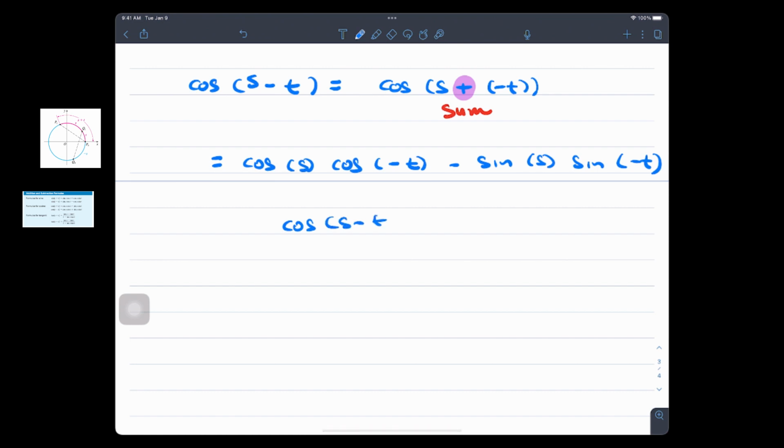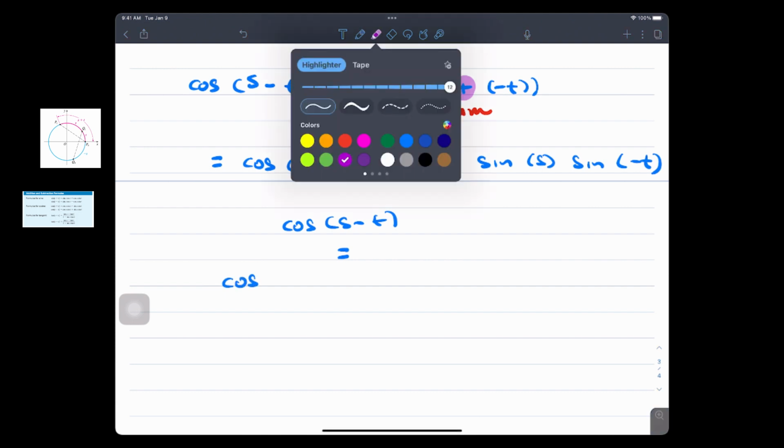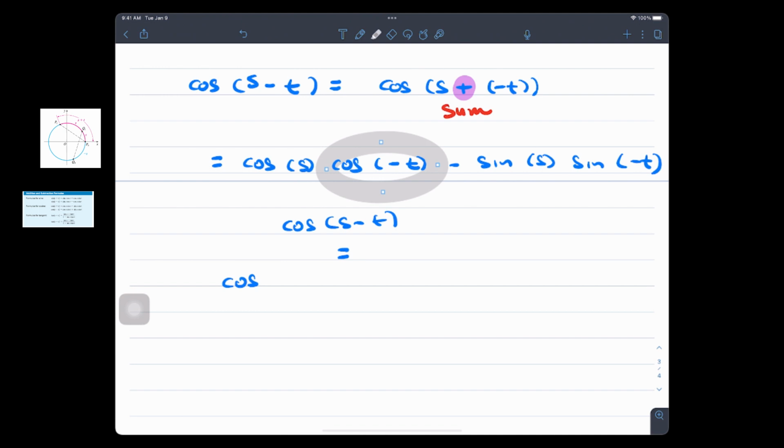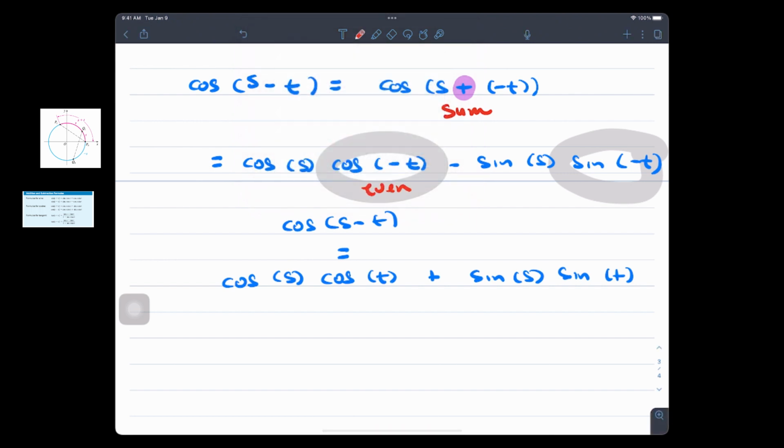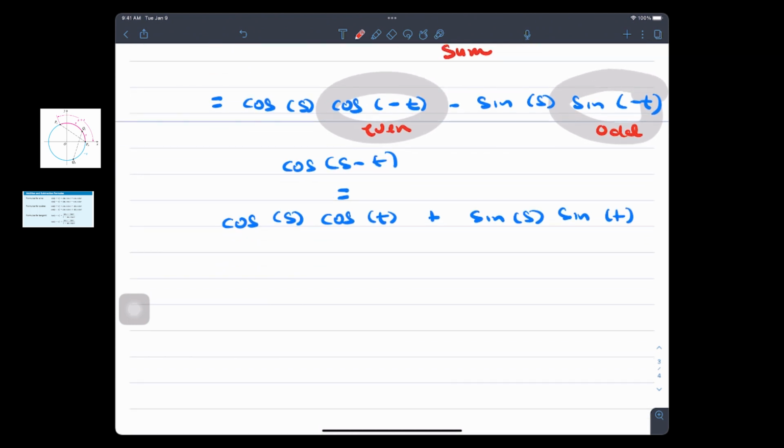So for that cosine of a difference, we start to use the even and odd functions again. You say, what do you mean? Right in here. What's cosine of minus t? Isn't that just cosine t? This stays the same. And then you say, well, what is this? This is sine s, and then sine of t, but it's going to be plus now, because you're going to use the even and odd functions. Remember this? Cosine is even, and sine is odd. So, ladies and gentlemen, what you end up getting now is very simply this.